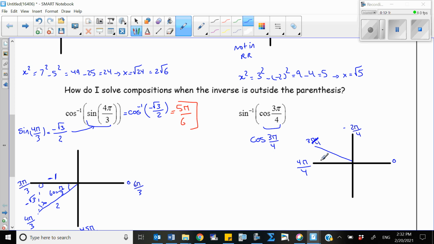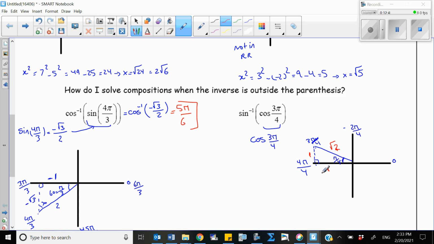Now the reference angle is 4 pi over 4 minus 3 pi over 4, which is pi over 4. And pi over 4 is basically 45. So the triangle that I have here is 45, 45, 90. The ratio of the sides will be 1, 1, and root 2. Which one is negative?